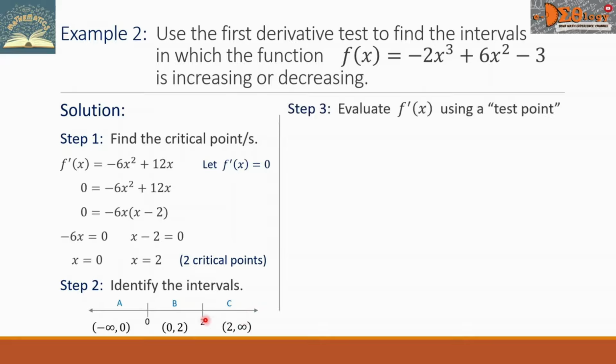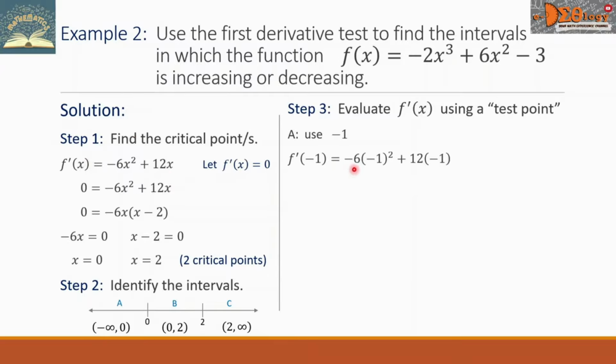Then step 3. We evaluate f prime of x using a test point for each of the intervals. Let's begin with interval A. Look at the A here. Let us take one integer closest to 0, and that is negative 1. So we evaluate f prime of negative 1. This is our derivative function.